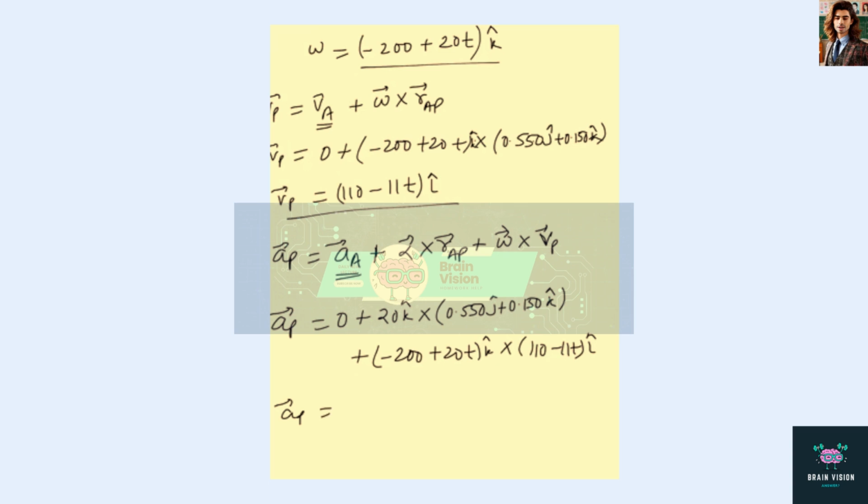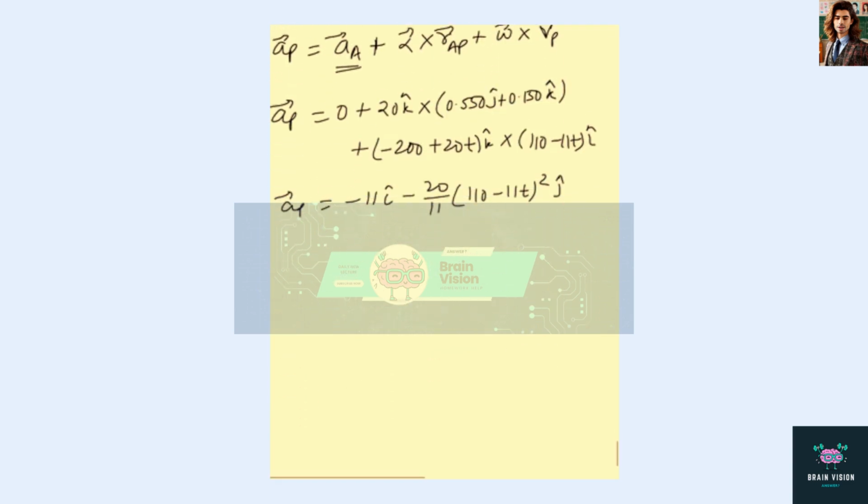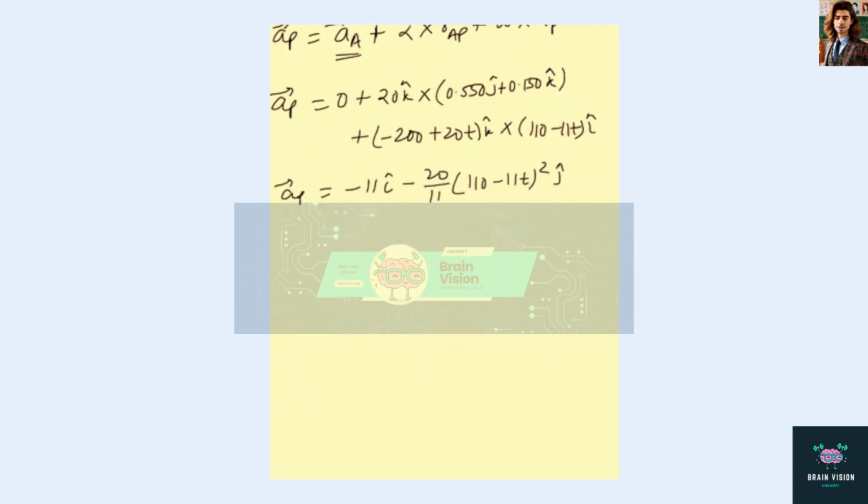Okay, now performing the cross product, the acceleration at point P comes out to be minus 11 i cap minus 20 by 11 (110 minus 11 t) whole square j cap. So this is the acceleration of point P.